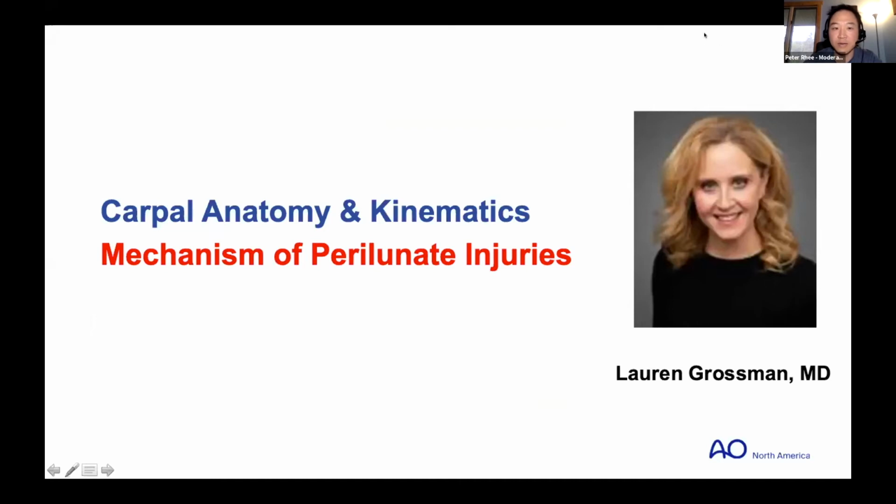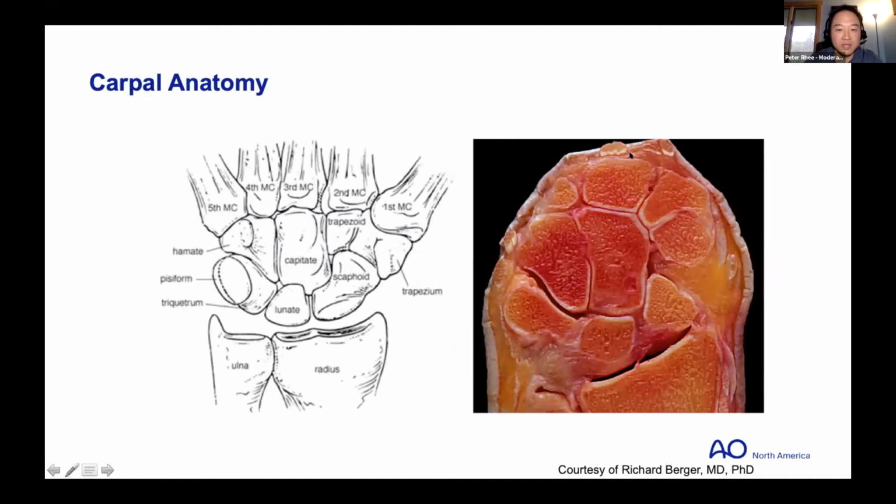So Dr. Grossman first talked about the carpal anatomy and the kinematics and the mechanisms of these perilunate type of injuries. And I'll just remind you that the salient point was that the carpus is not just the bone, but it's the ligaments. And that's where we have these carpal instability patterns from these ligamentous injuries.